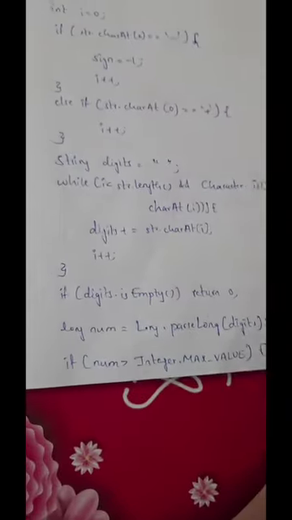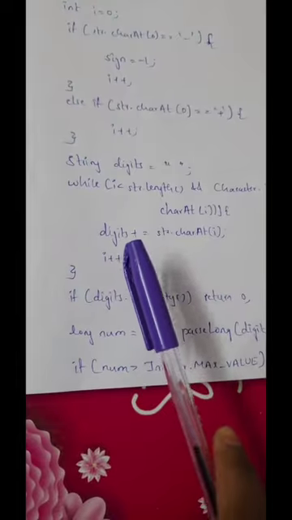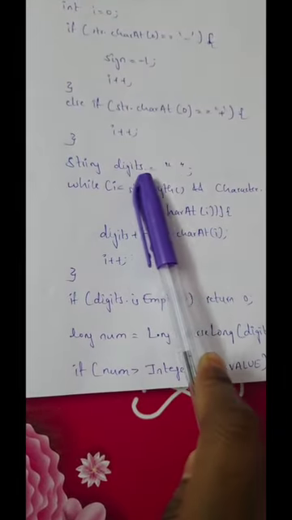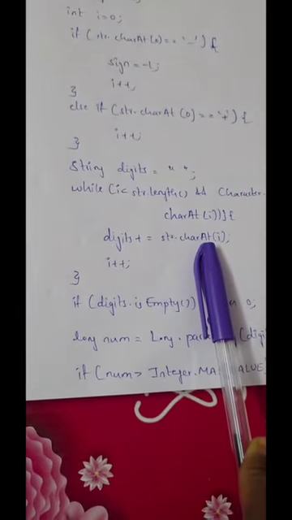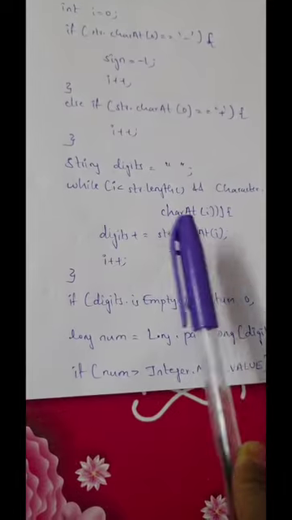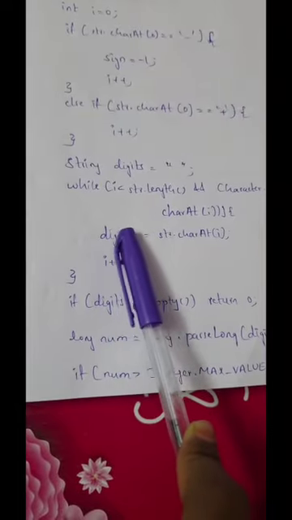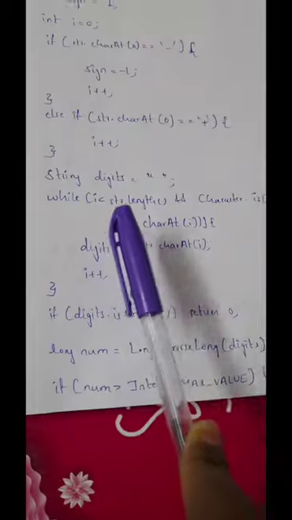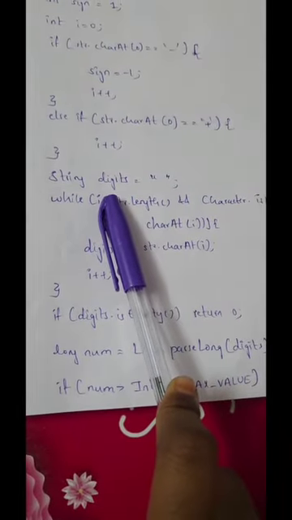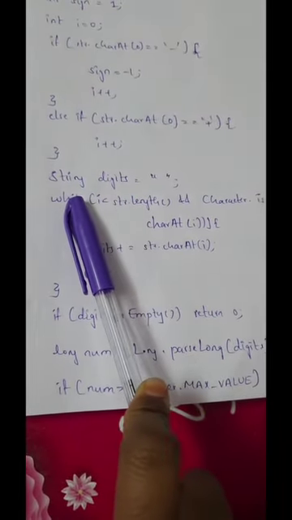And here, every time we are creating a new string, if you go through this line, digits plus equals str.charAt(i), this creates a new digits object every time. In Java, a string is an object, right?